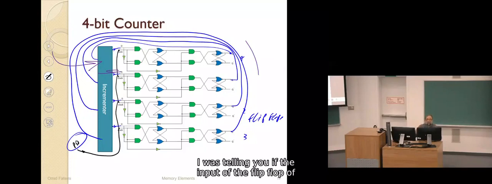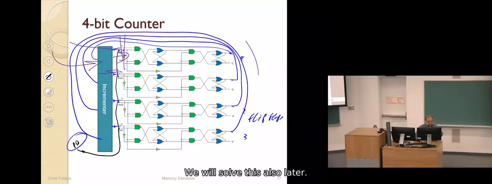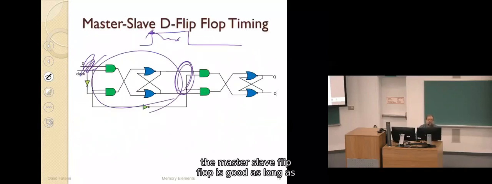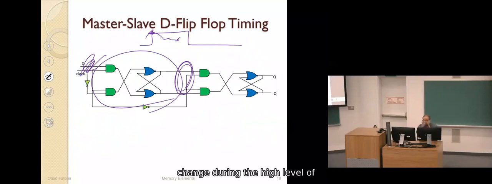I was telling you, if the input of the flip-flop changes during the clock, that's not good, so you shouldn't do that. We will solve this later. But for the time being, the master-slave flip-flop is good, as long as you design it so the input doesn't change during the high level of the clock.